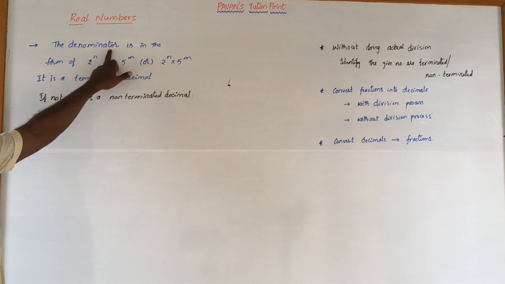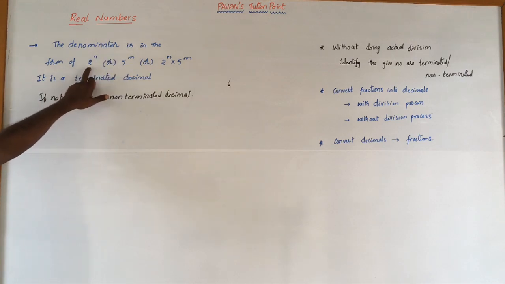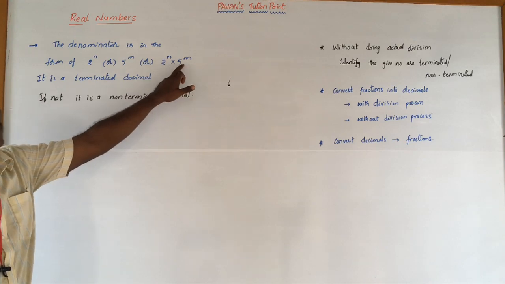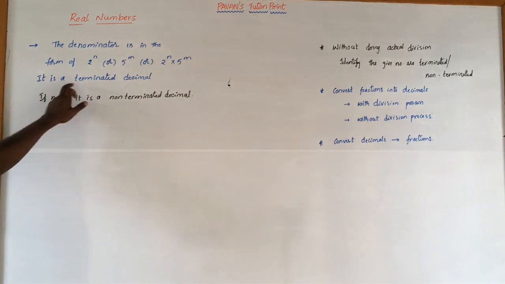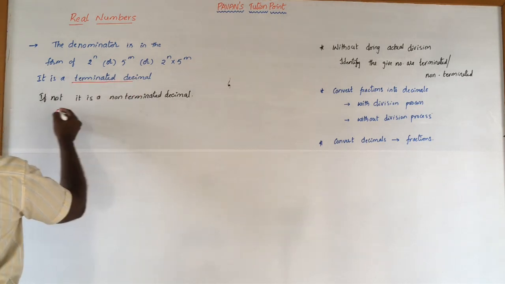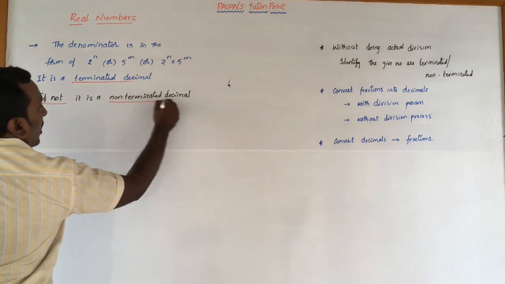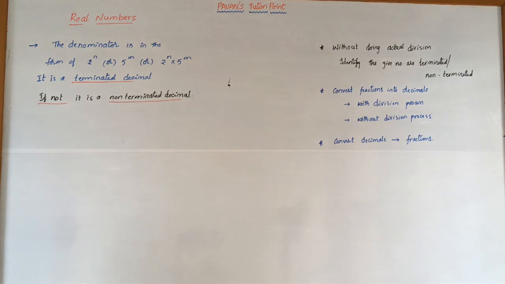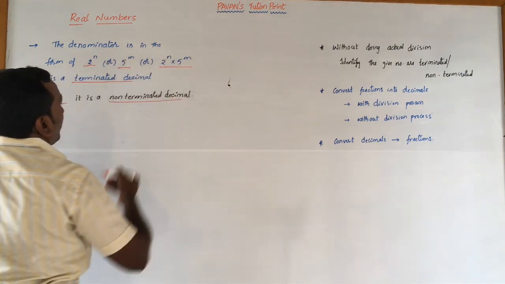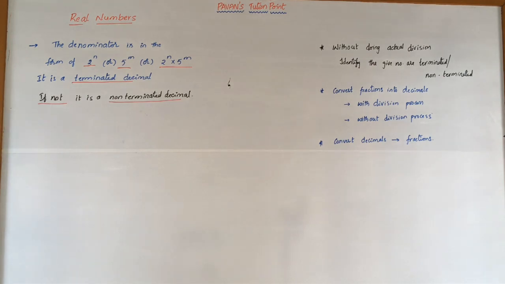You have to identify the denominator. If the denominator is in the form of 2 power n, or 5 power n, or 2 power n into 5 power n, then it is a terminated decimal. If not, it is a non-terminated decimal. These are the important things. If you remember these, any problem you can solve within a fraction of a second.